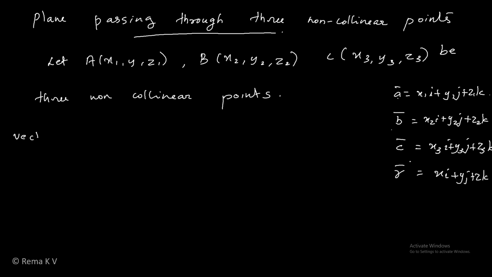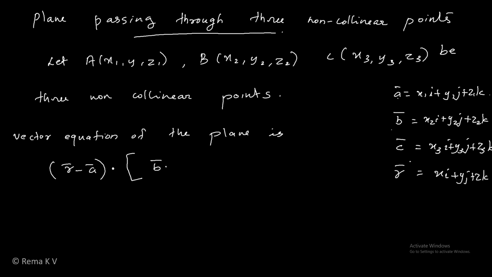Then the vector equation of the plane is given by R minus A dot B minus A cross C minus A equal to 0.